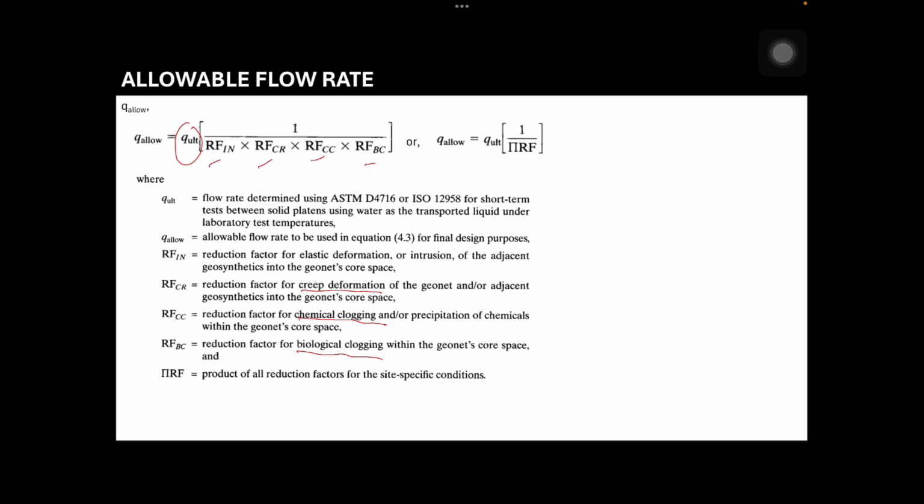But if yung factor of safety is given by ito na, overall na, ito na yung isa na lang i-divide mo since overall na ito. So, that is your Q allowable.